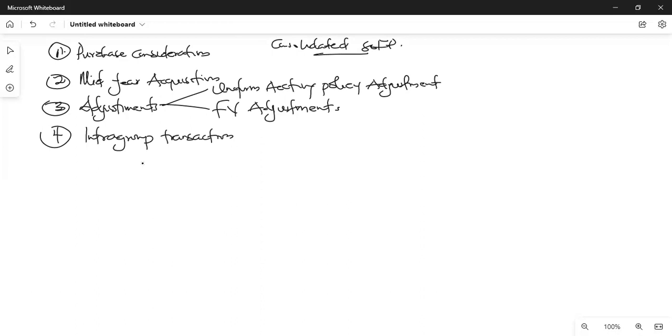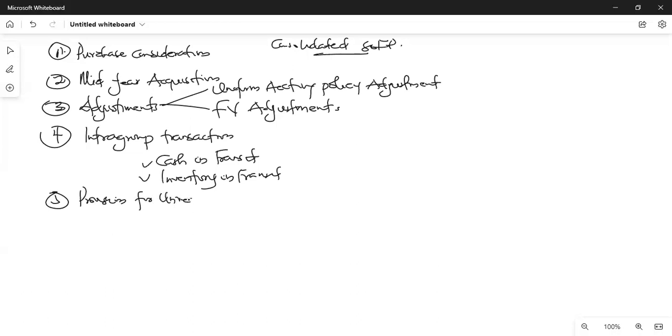When we come to the intra-group, we'll be talking about cash in transit. We'll also be talking about inventory in transit. And because of this same intra-group transaction, it will give us something we call provision for unrealized profit to worry about.